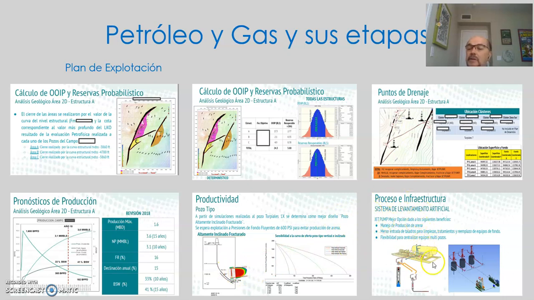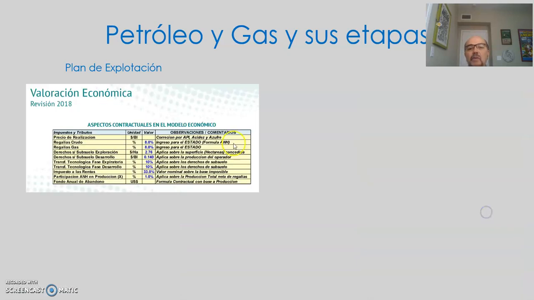And this is something about the infrastructure to develop those reserves. Small infrastructures. We didn't want to build a big CPF. The best case was to have them rented, and that's how we ran the economics.